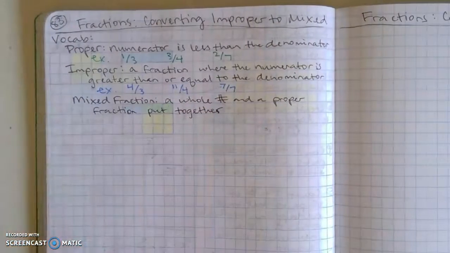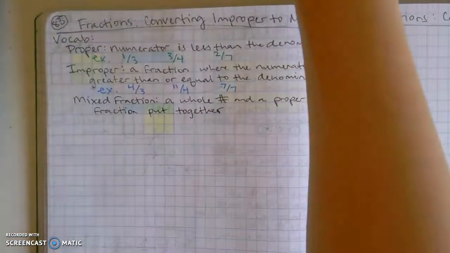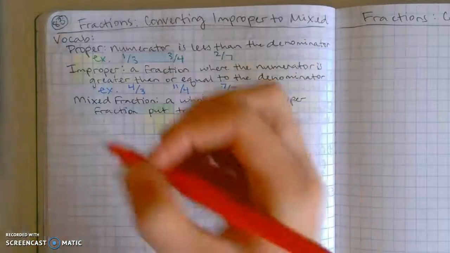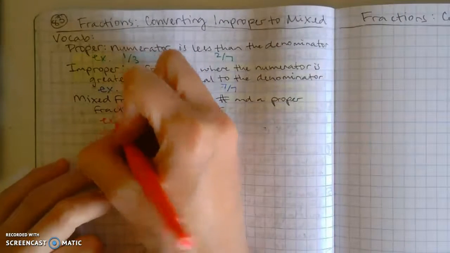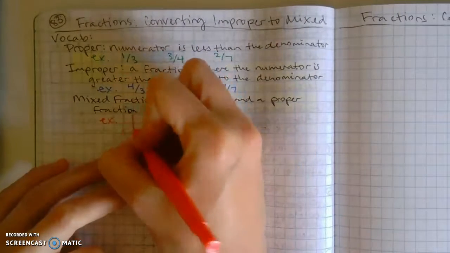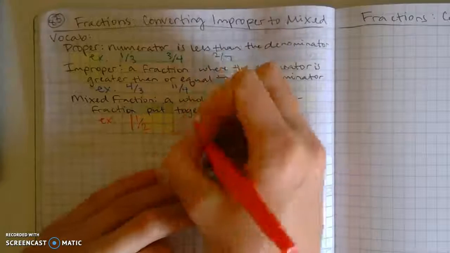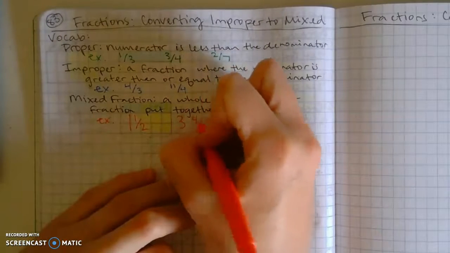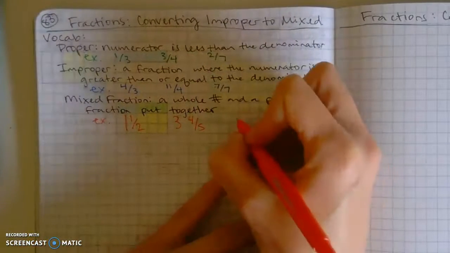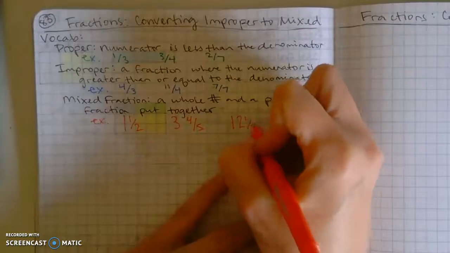Okay, so an example of that, let's do red. Would look like this: 1 1/5, 3 4/5, or 12 1/8.